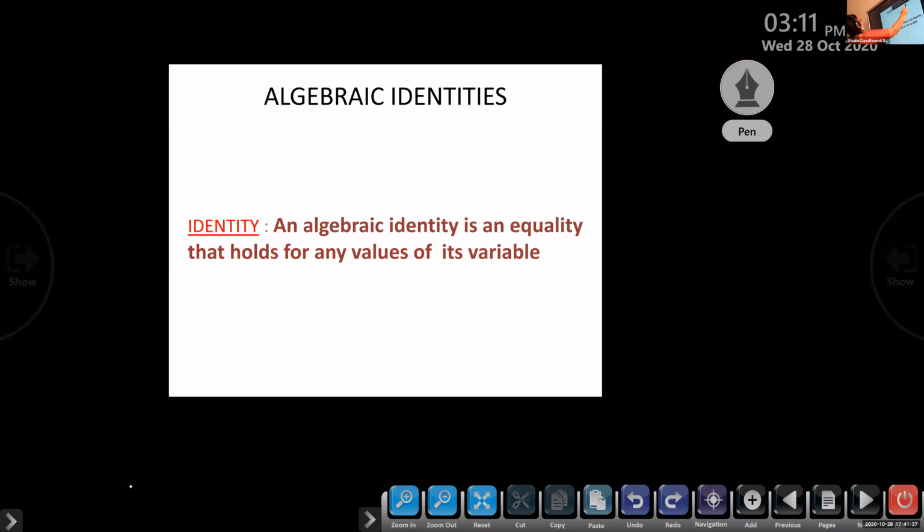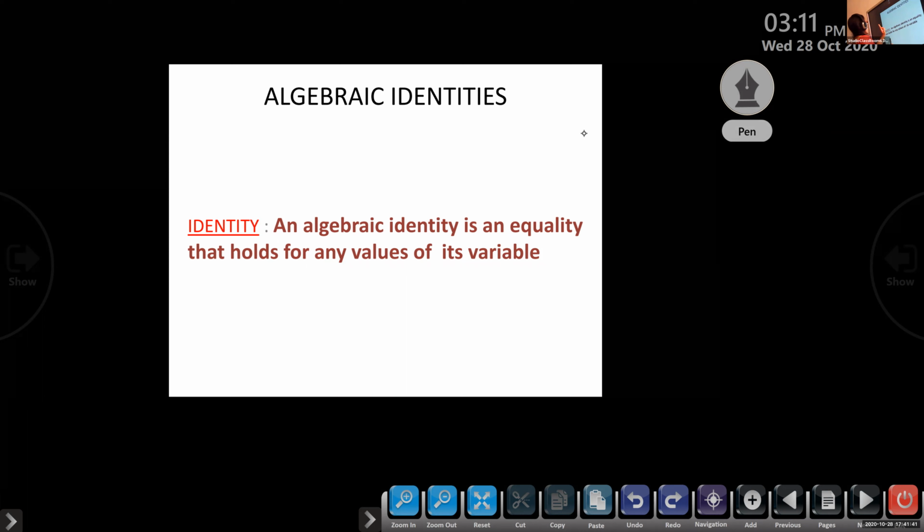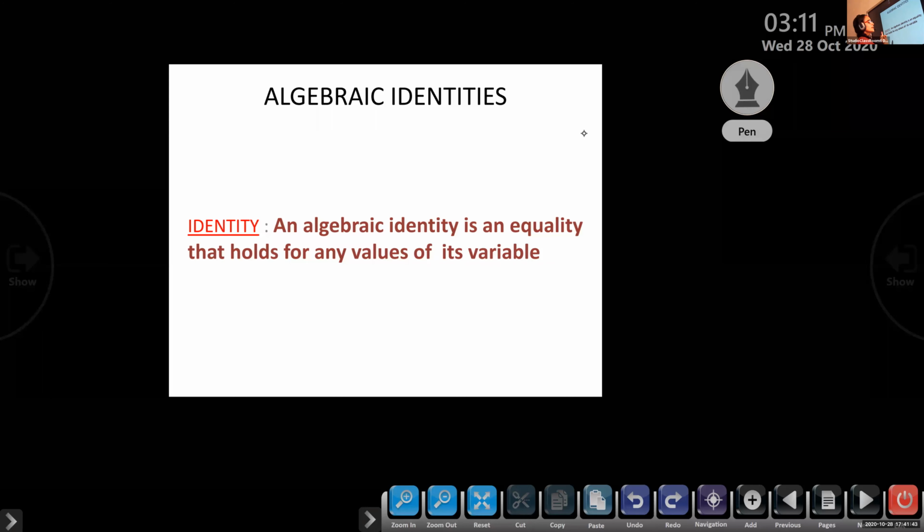See here, the definition says what? An algebraic identity is an equality. It is an equation that holds for any values of its variable. Algebraic identity holds, or it is satisfied, for any value of its variables. Understood?